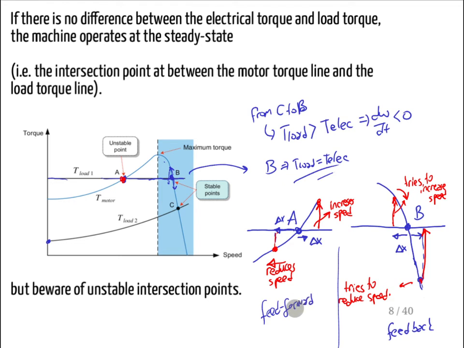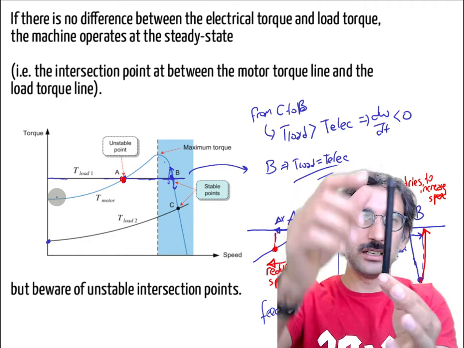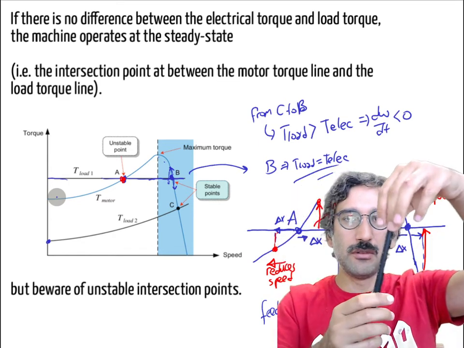So mathematically you can have two operating points, but once you are at point B, the machine will keep running at point B. However, if you are at point A, it is really difficult to maintain its speed. Either it will go that way or that way until it reaches another balance point or until it stops. I have my pen here, and actually I have two balance conditions for my pen.